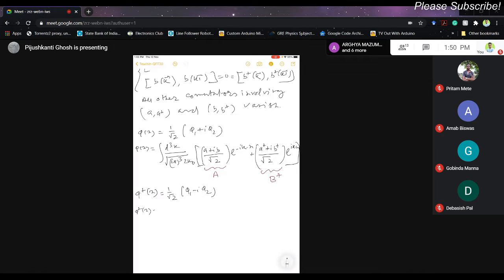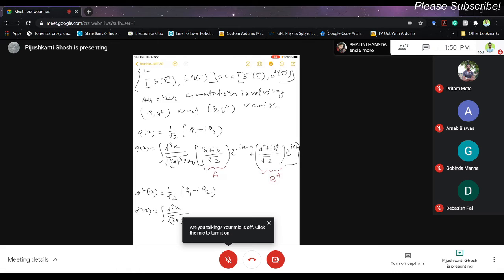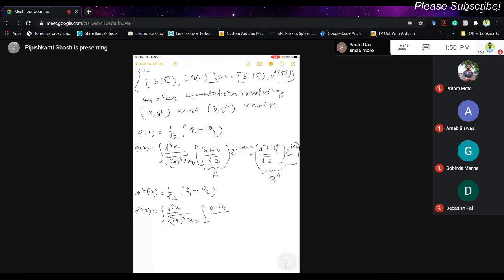Similarly, I take the common factor d^3k over 2k naught. Okay, a minus i b over root 2. Again, let me remind you that both a and b are functions of k. Okay, a dagger minus i b dagger over root 2, e to the power i k dot x.